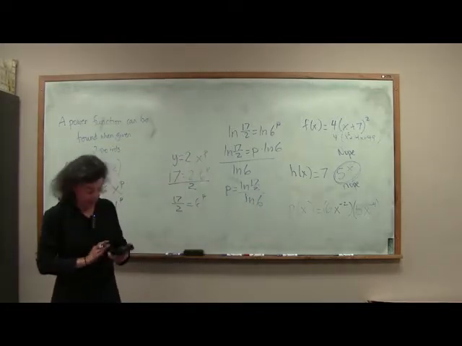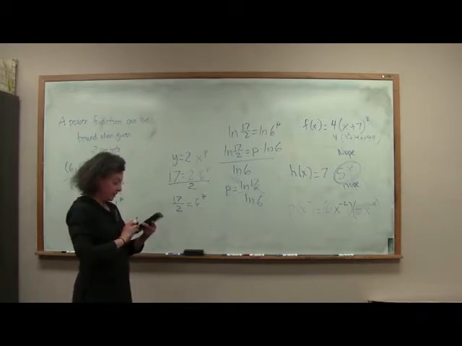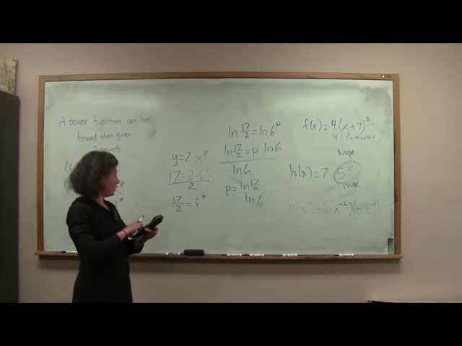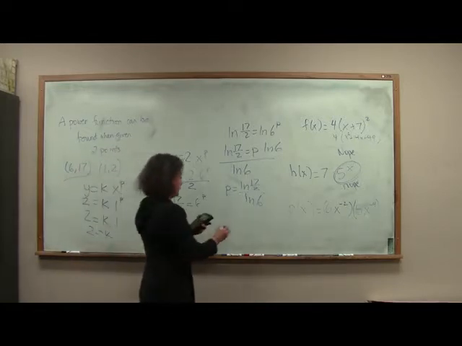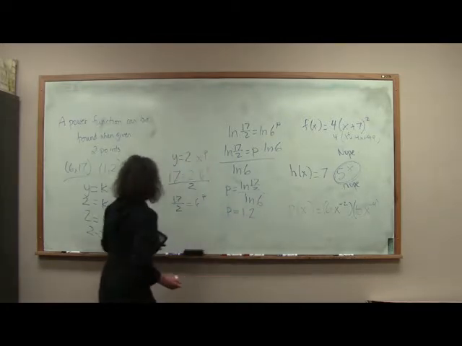And in case we care, the natural log of 17 halves, and we'll divide that by the natural log of 6. And so we will get p to be about 1.2.